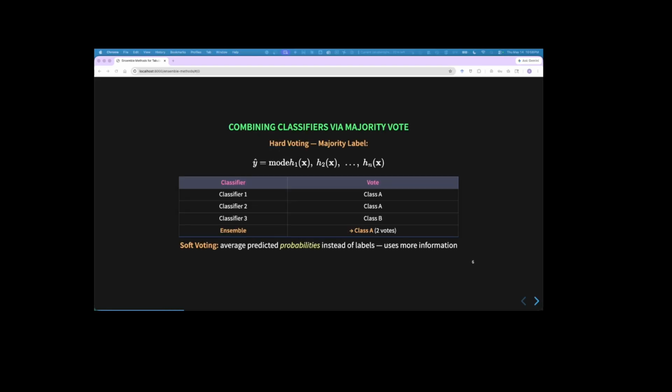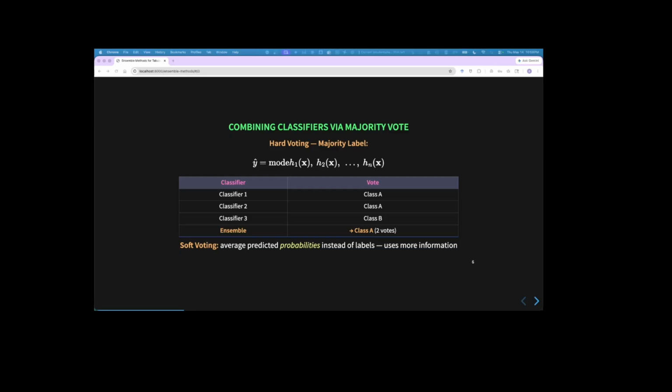Now let's talk about how to actually combine classifiers. There are two main strategies. Hard voting. Each classifier casts a vote and we go with the majority. That's like a simple democracy. Then soft voting. Each classifier gives probability estimates and we average those probabilities.